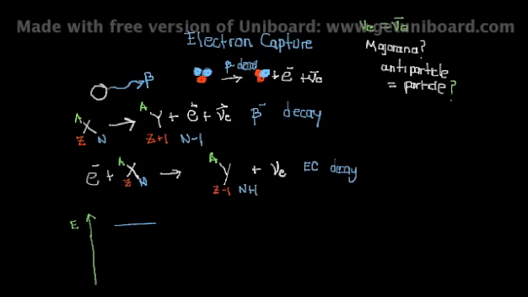Let's consider a nucleus which has a set number of protons, and this is the ground state of the initial nucleus.